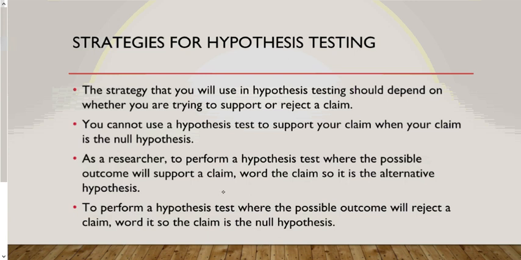Okay, if you want to actually support the claim, then you are going to make your claim the alternative hypothesis. To perform a hypothesis test where the possible outcome will reject the claim, then word it so that the claim is the null hypothesis.